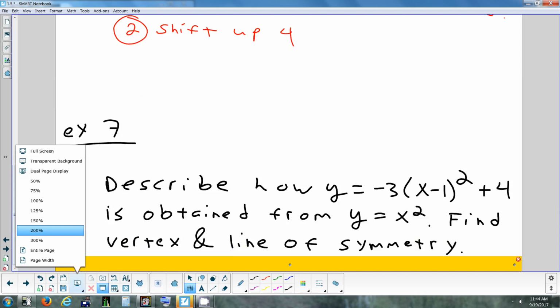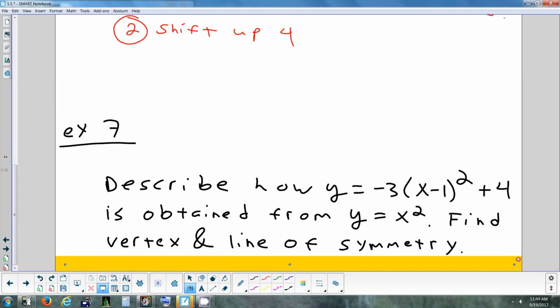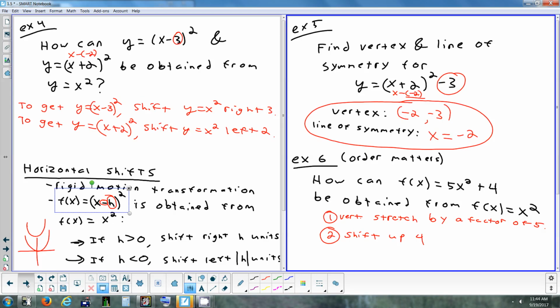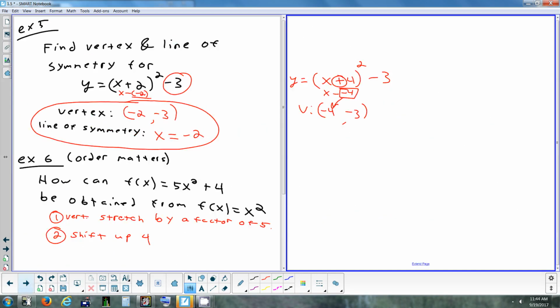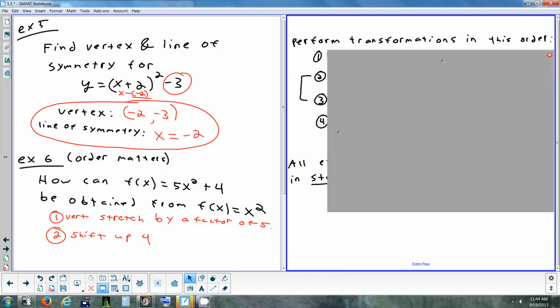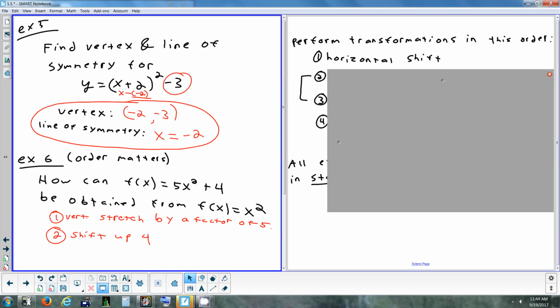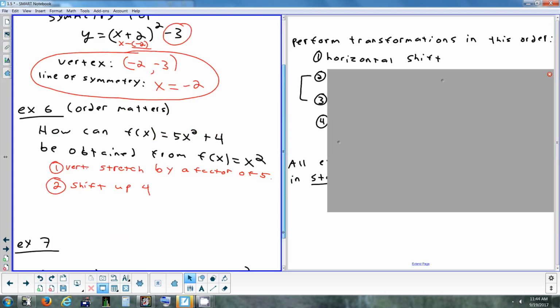All right, let's try this one. Because this one kind of touches on the order, and I'm going to show you the order at the same time we do the problem. So first thing you want to do, and again, these are all if necessary.